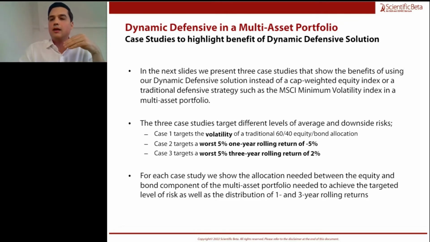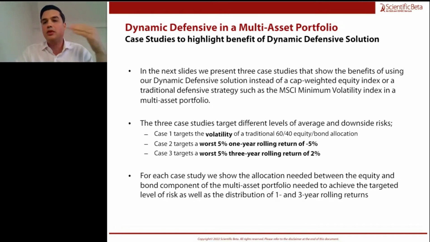We will do the same exercise with respect to 2 metrics of downside risk. For the other 2 cases, we will match the worst 5% 1-year rolling at -5%, and similarly for 3-year rolling returns, we will set a limit of 2% downside performance, and we will see what the allocation is with respect to the 3 alternatives: the traditional benchmark, the traditional defensive, and the dynamic defensive.